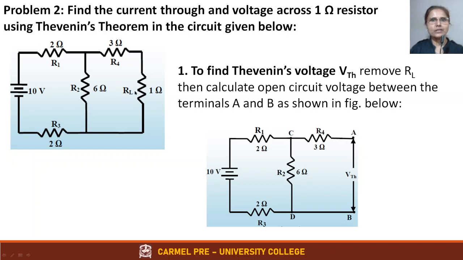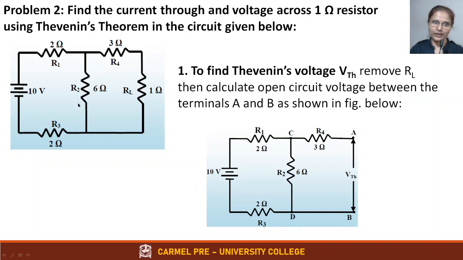You can actually find voltage and current across any resistor you want in the circuit. You just have to follow the same procedure. If you want to find current and voltage across this, then this will become RL. If you want to find across this resistor, then this will become RL.